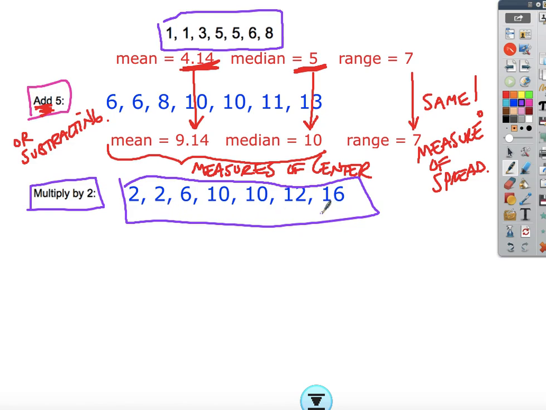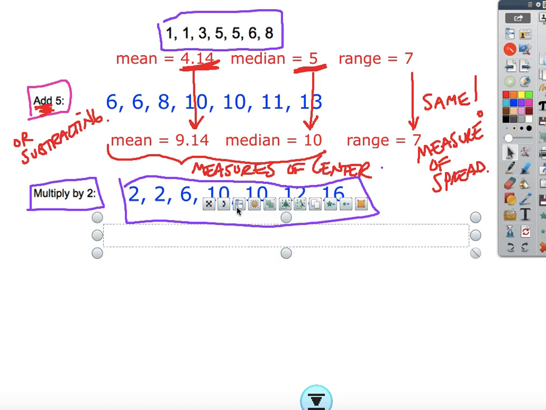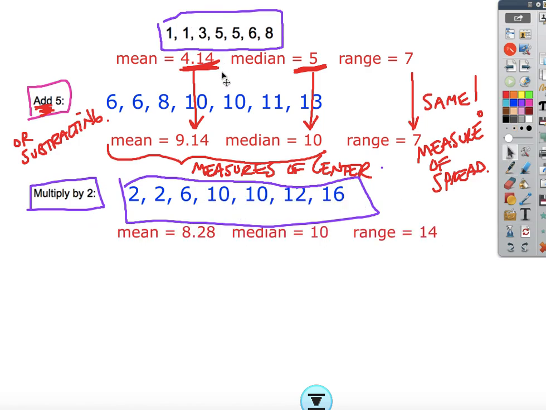I can certainly type these in my calculator and do menu 611 and look, or I can just realize what's happening here. Do you see how this number right here changes to 8.28? It got multiplied by 2. 4.14 times 2 gives us 8.28.